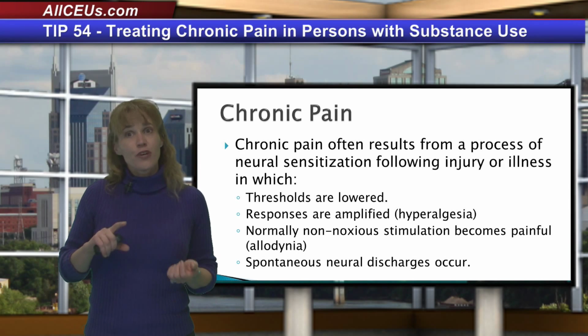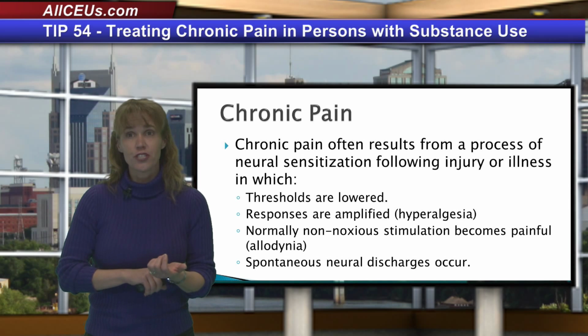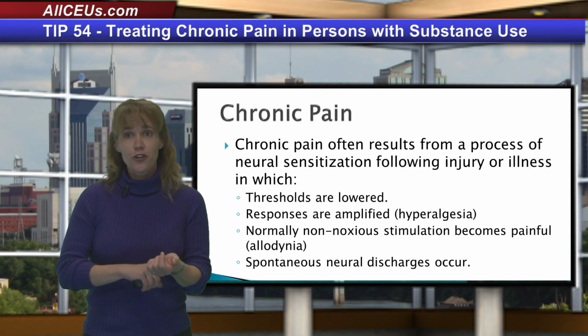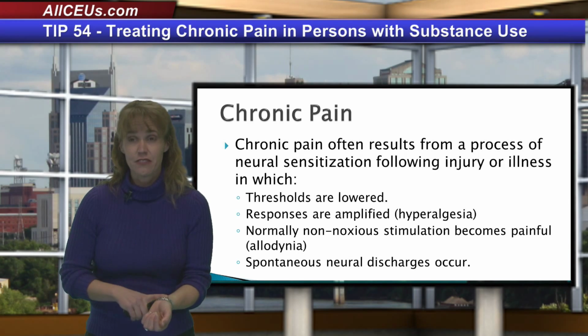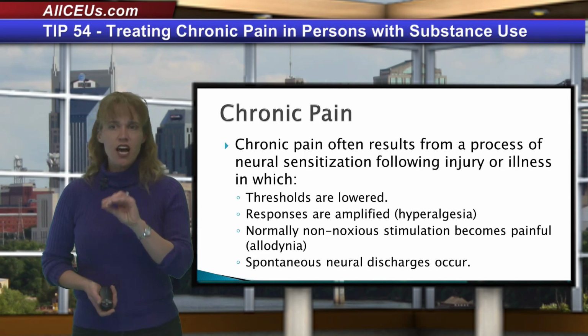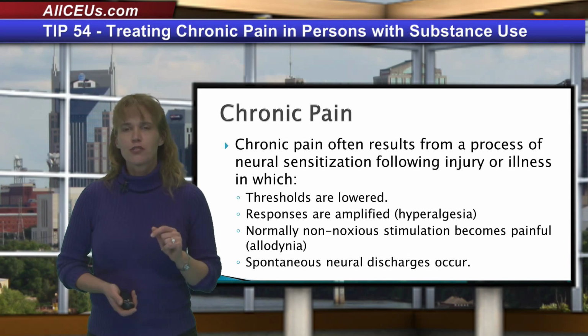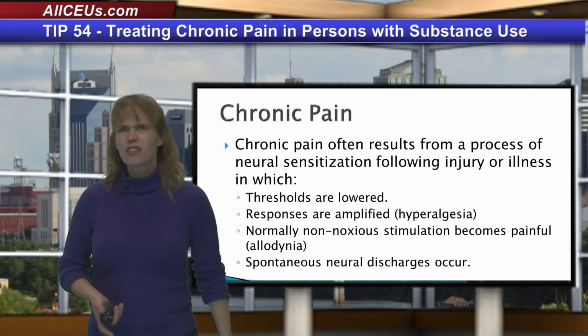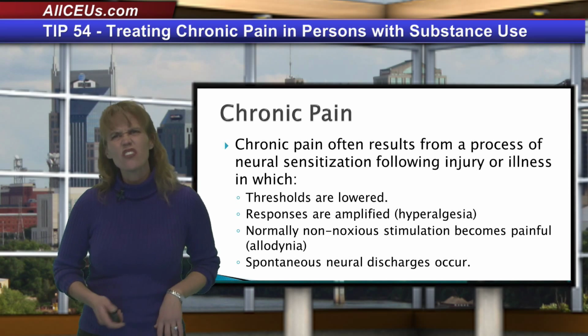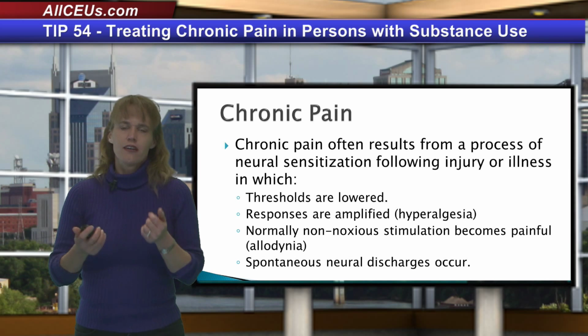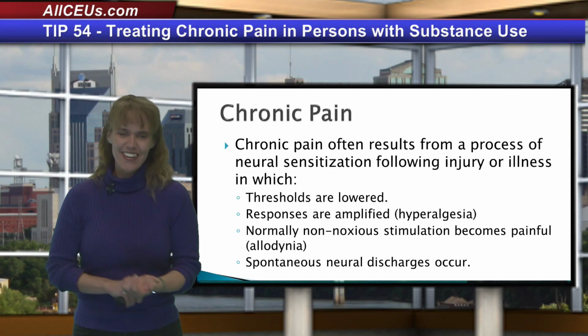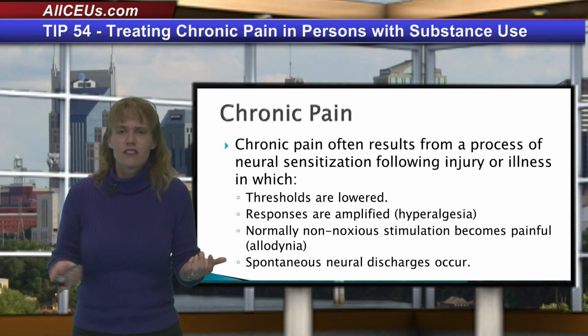And for some reason, when it heals, the pain threshold is lowered. The nerve endings are more sensitive. Normally non-noxious stimulation becomes painful. So something that normally wouldn't bother you at all, you're like, ow, that really hurts. Stop it. I've got children. That's generally what it sounds like.